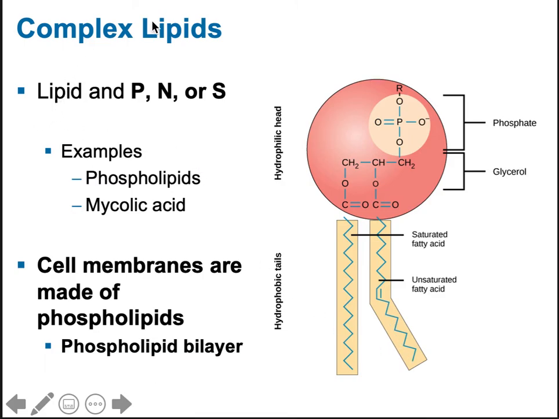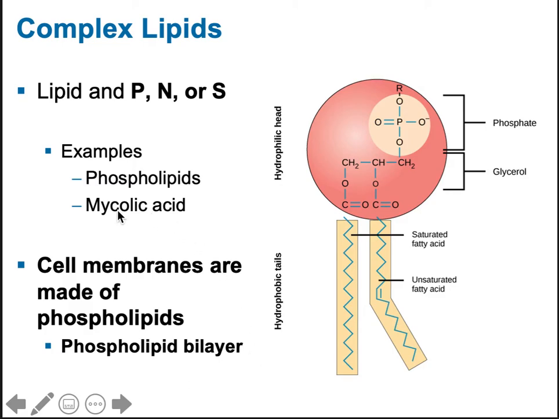So complex lipids could have a different form for their head, and they could have 1, 2, or 3 chains, and they can be saturated or unsaturated. But the example that we're using for complex lipids is the phospholipid that you have in your cell membranes that forms the phospholipid bilayer of the membrane.